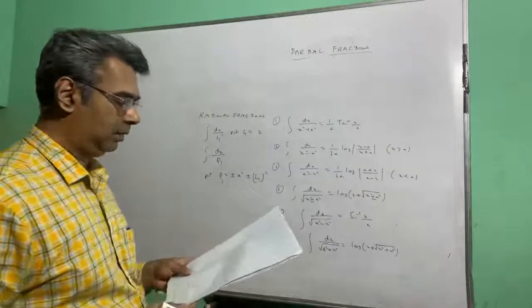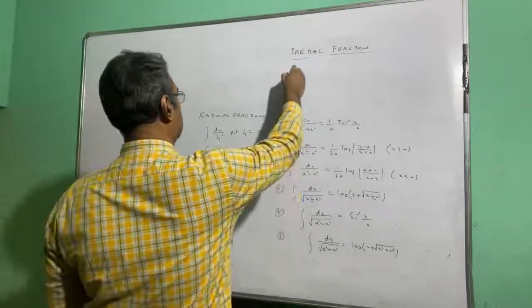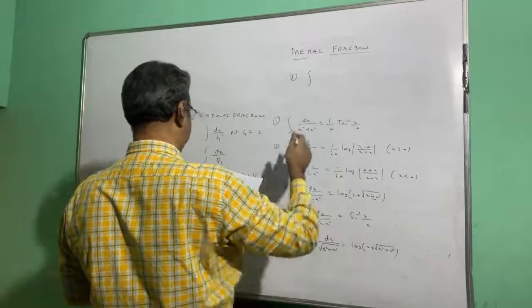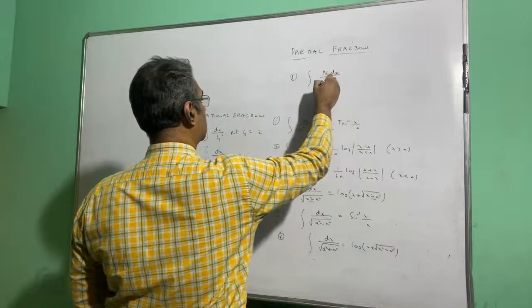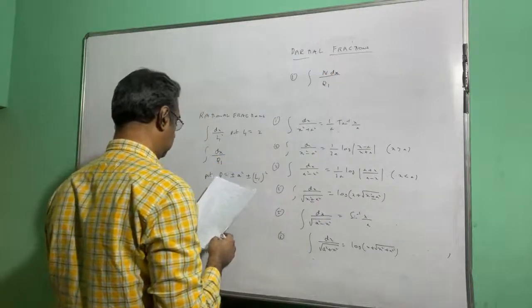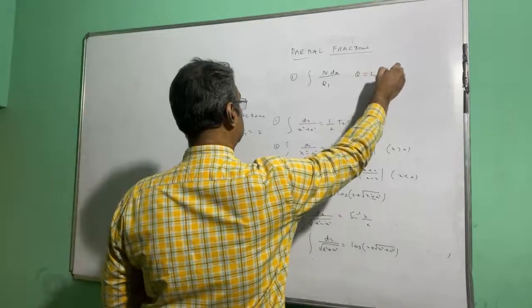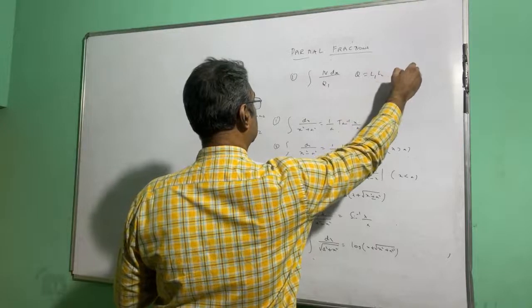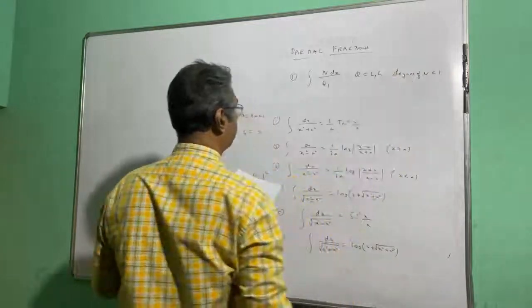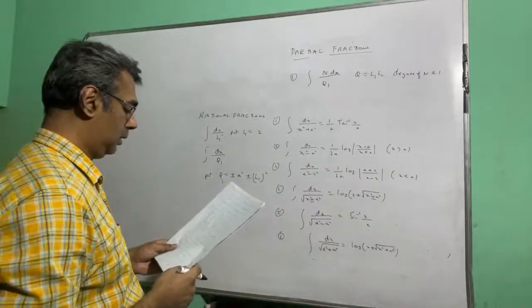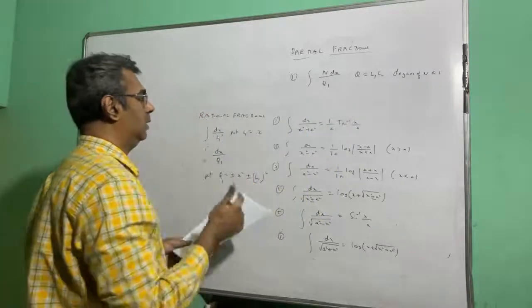Okay, next we have partial fractions. So number one, suppose you have numerator divided by quadratic, which is a product of linear.